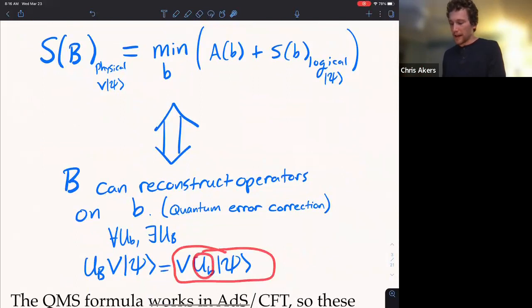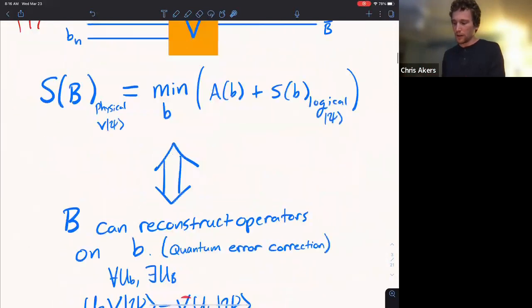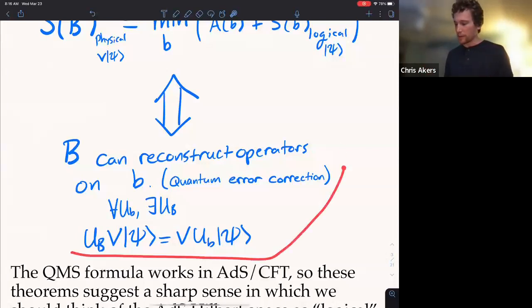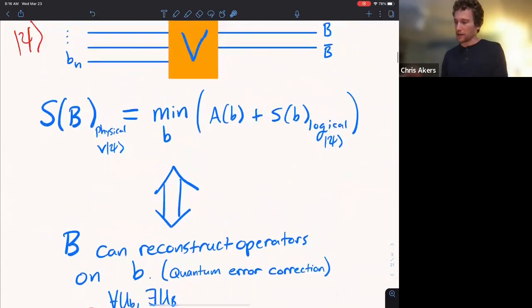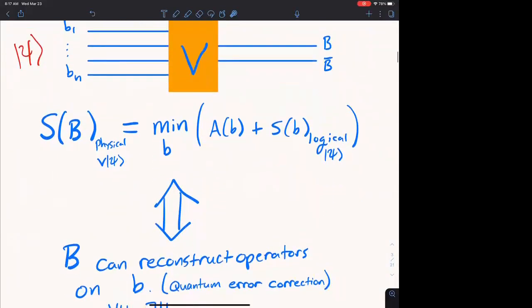So U little b can change psi to something else like phi, then you encode it with V. That gives you some state. And the non-trivial claim here is that you could have gotten the same state if you had just first taken psi, not acted anything on it, just acted V immediately, and then acted some unitary only on this factor of the output. Okay, good.